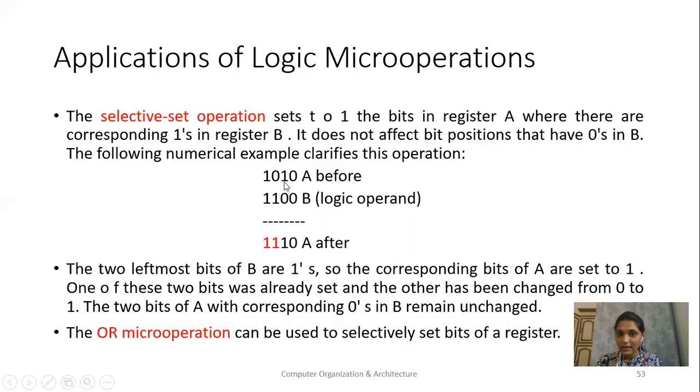Here A is 1 0, and ORing is done with 1 1. That means 1 ORing 1 and 0 ORing 1, so your first 2 bits are set and the remaining 2 bits are as they are. So selective setting can be done by just an ORing operation.